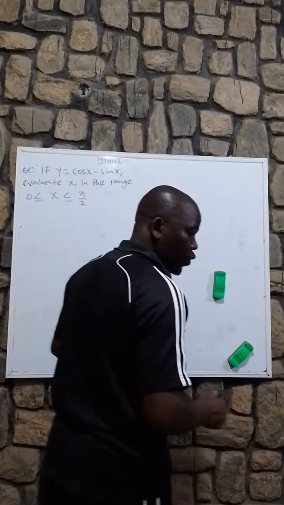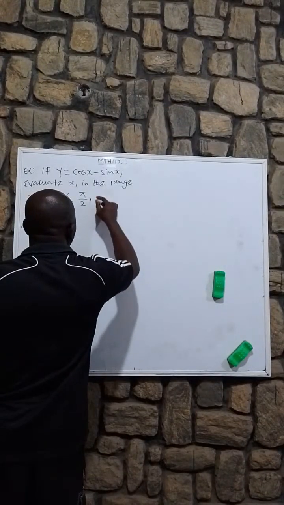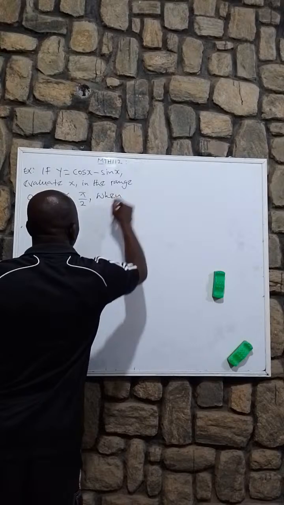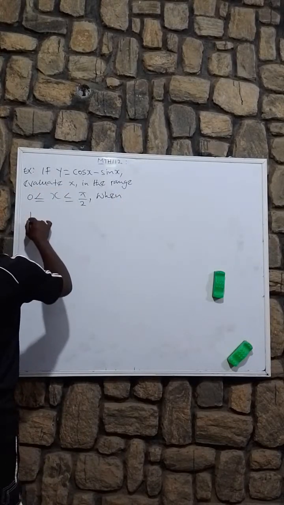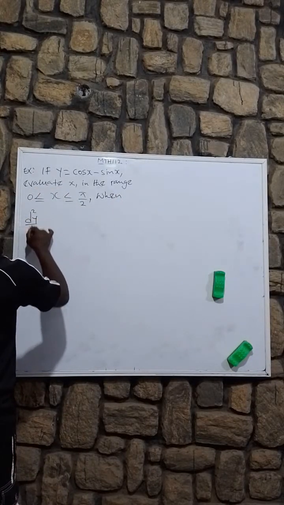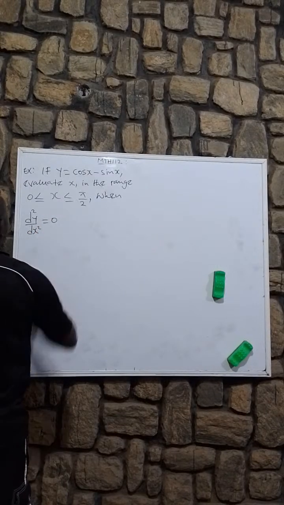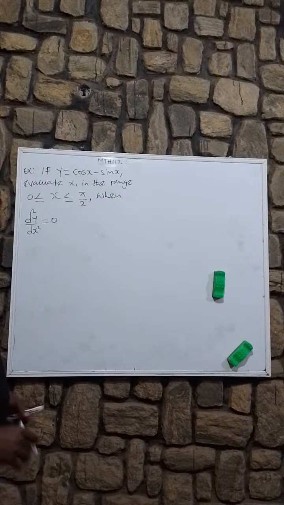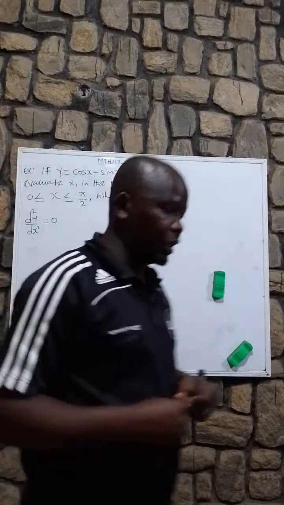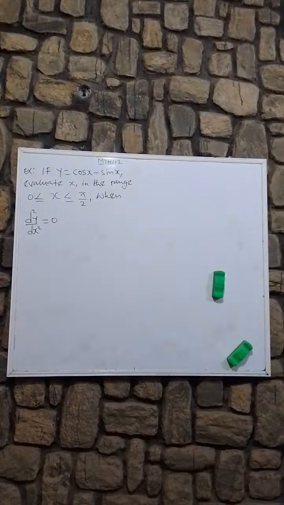Then when d square y all over dx square equals to 0. So let's look at it together.